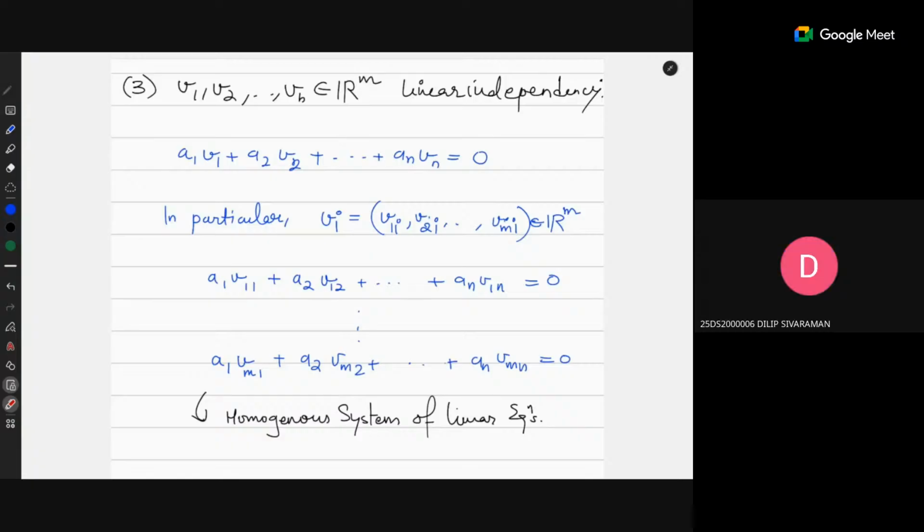But how do you get m equations? You write this vector back into this equation, each of the vectors. Write it down in your notebook.